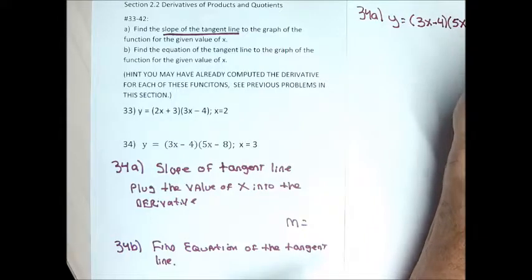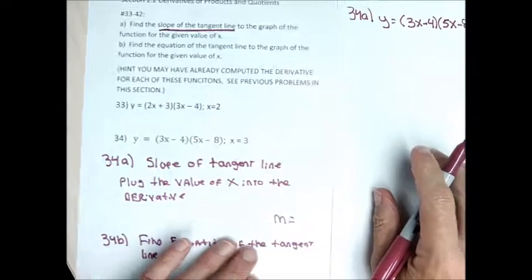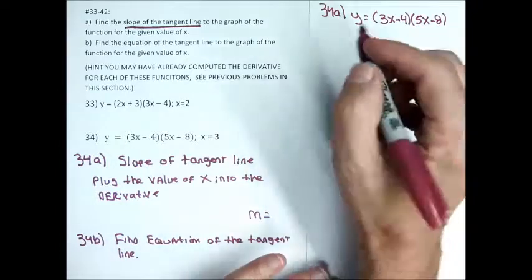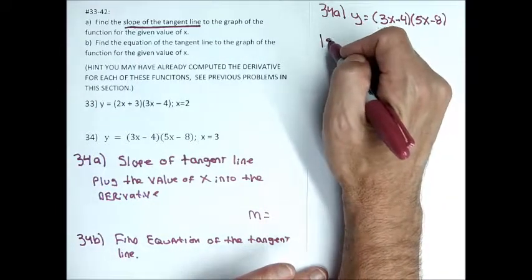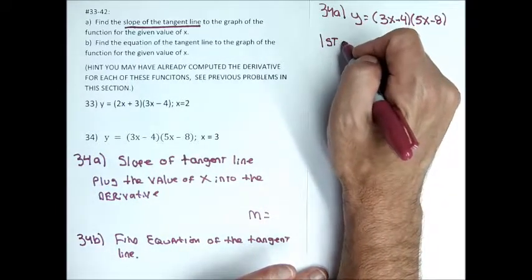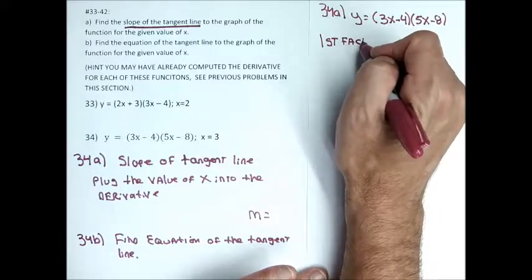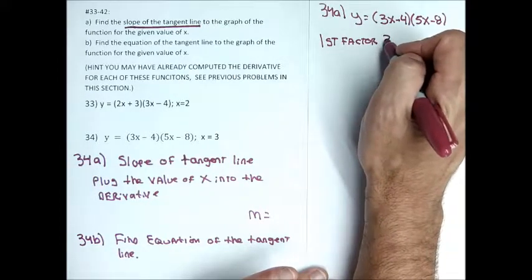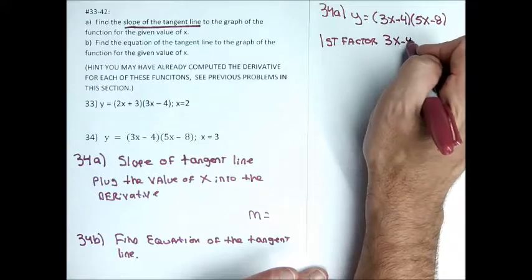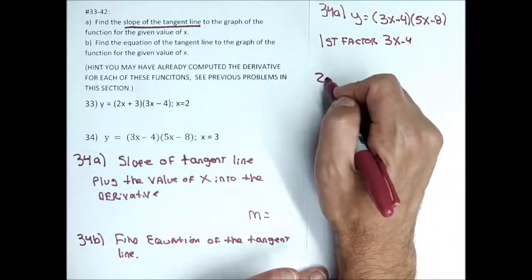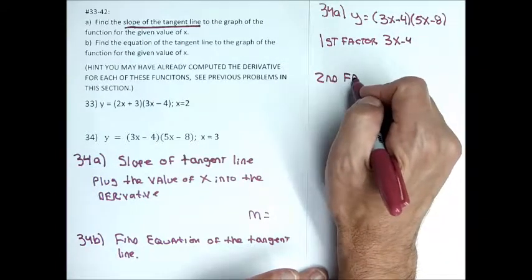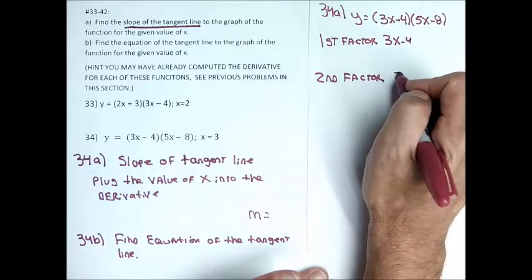So this right here is multiplication, and I can find any derivative when there's multiplication by using the product rule. So I'm going to find the derivative real quickly. The first factor is 3x minus 4. The second factor is 5x minus 8.